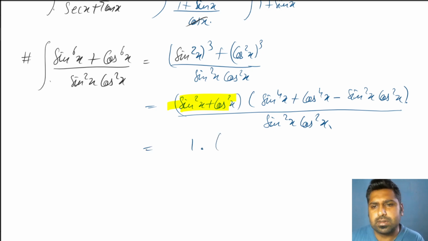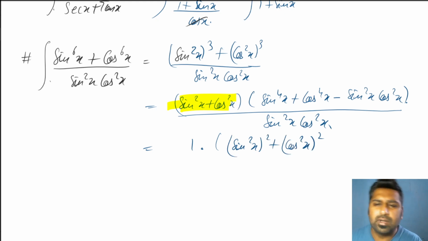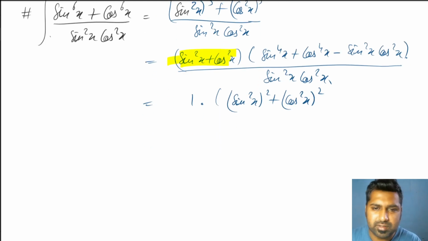Now sine raised to power 4 plus cos raised to power 4, we can rewrite this as sine square x whole square plus cos square x whole square. If only 2ab was there, we could have done something with it. Okay, so it's not. So let's forcibly generate this.